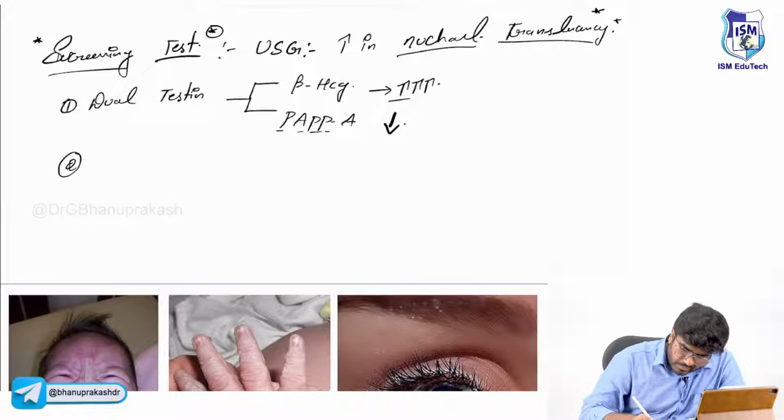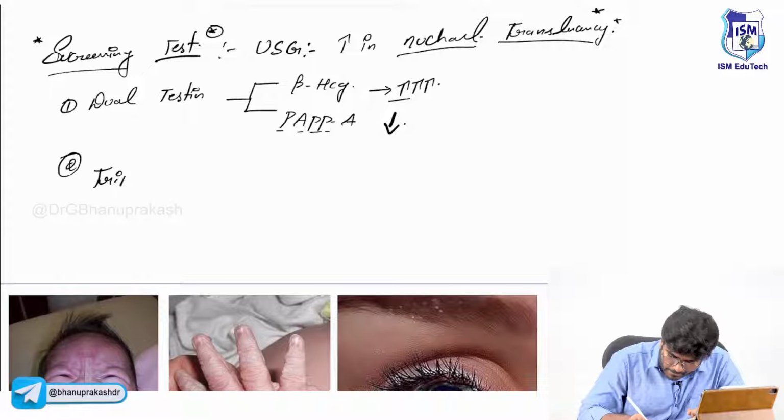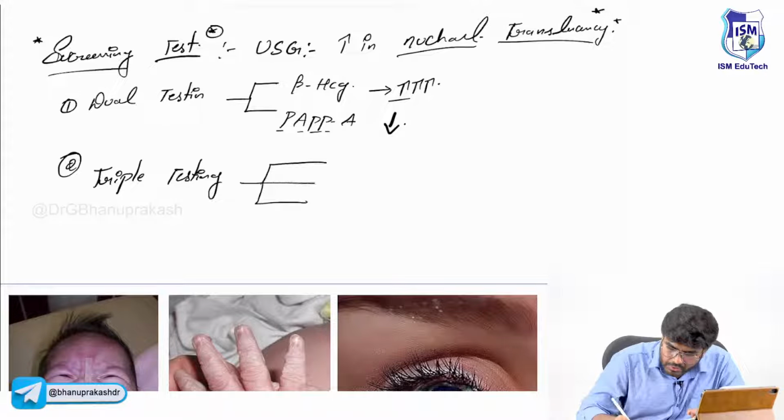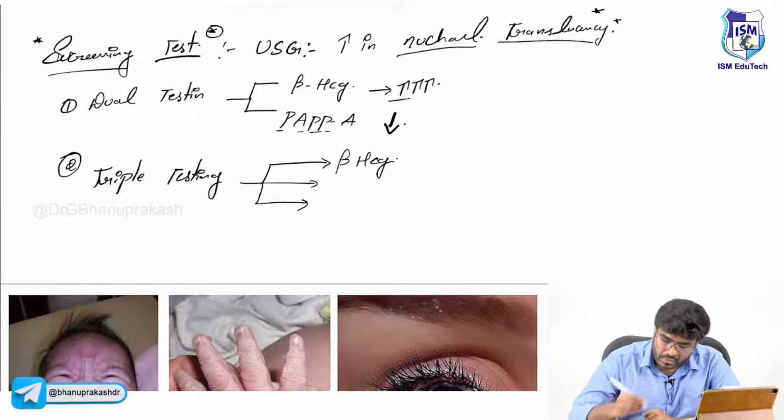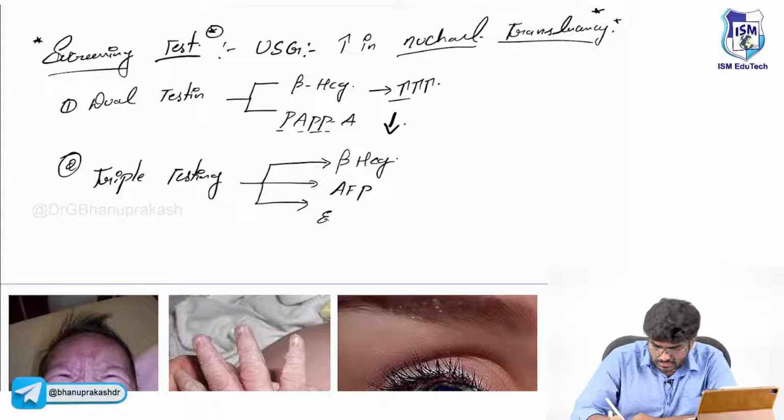In the second trimester, you can do one more test which is called a triple test. In this triple testing, what are the markers you are going to check for? The markers are again beta HCG, also alpha fetoprotein and estrogens, estriol.